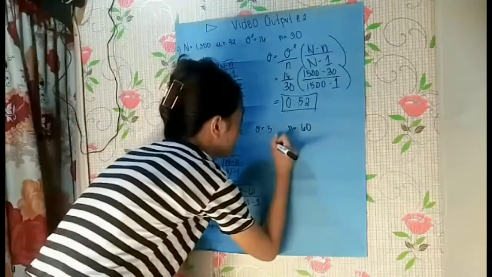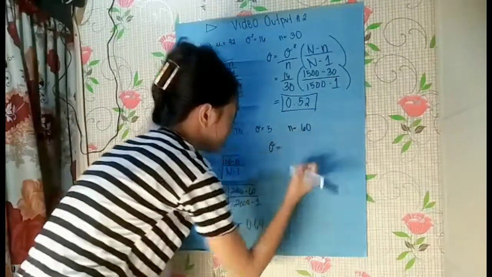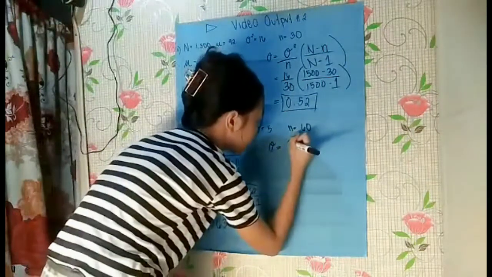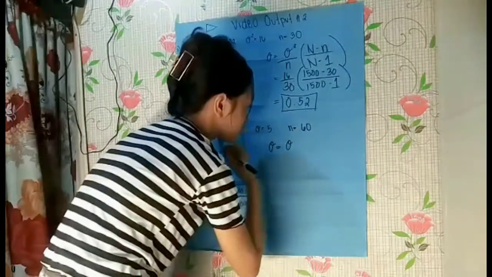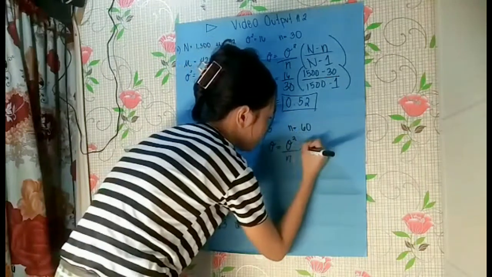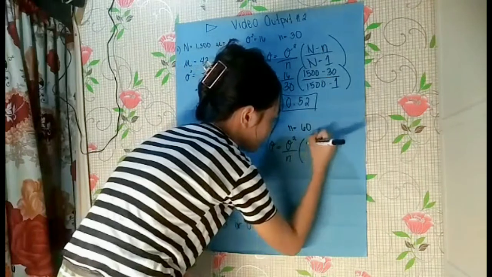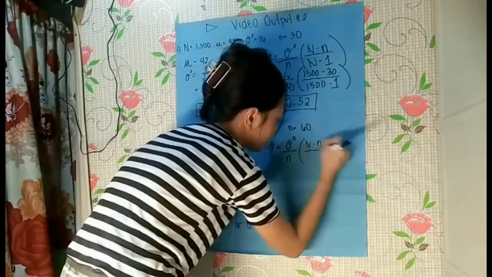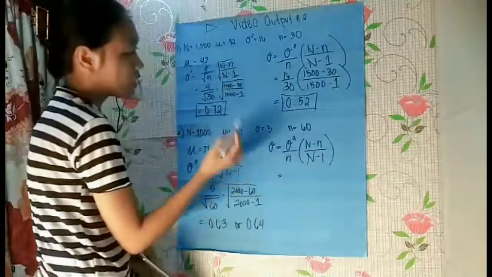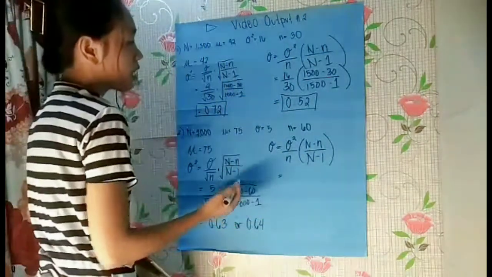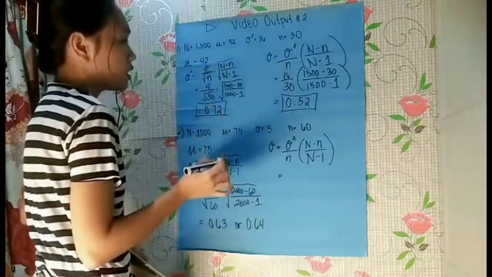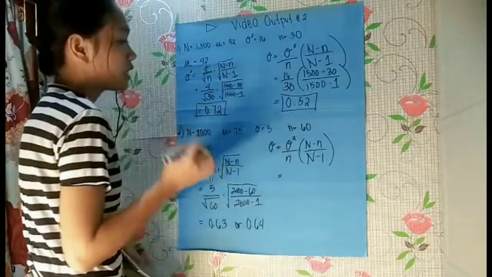Next, let's compute the standard error. The formula we are going to use again is the variance over the sample size multiplied by the population minus the sample size over the population minus 1. Since the given here is the standard deviation, we are going to multiply it by itself, or square it, to find the variance.